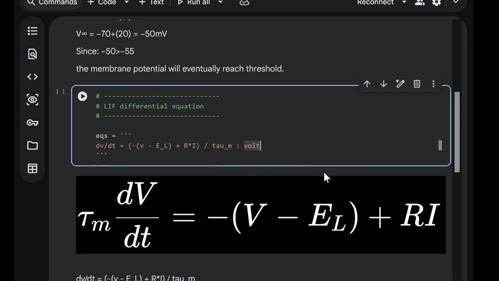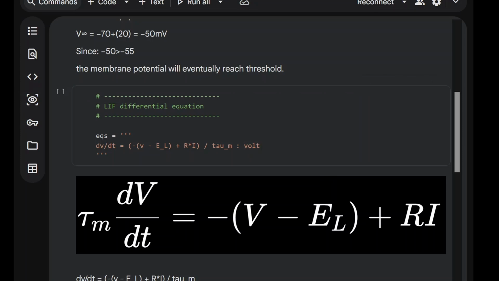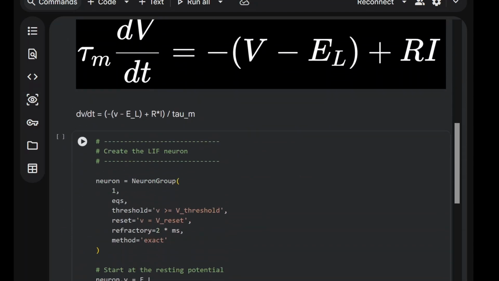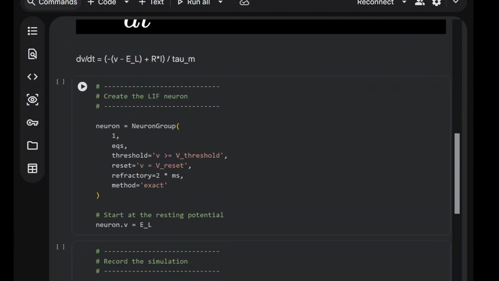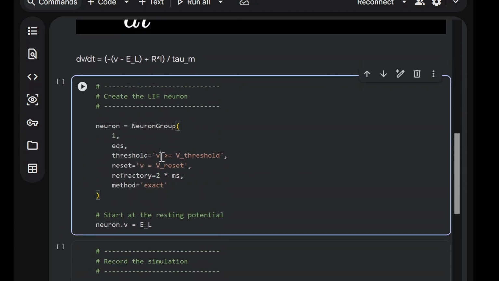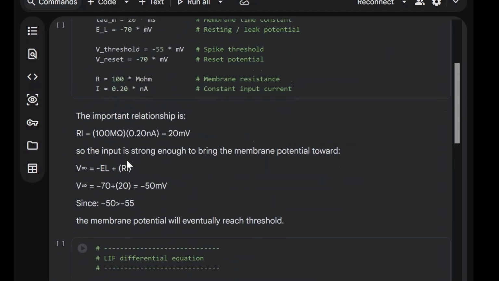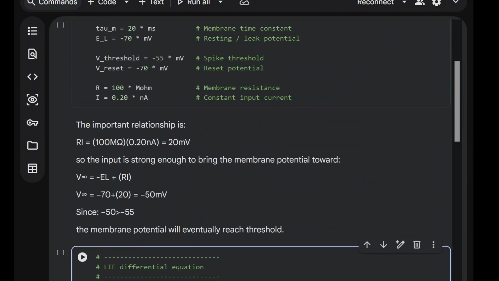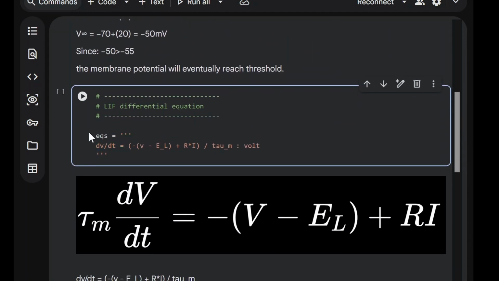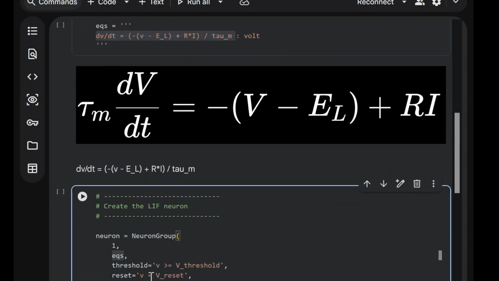So now that we have defined our model, we can start creating neurons. We have a function called NeuronGroup from Brian2. We have to set some parameters for this. For example, the number of neurons we want to create, the equation of the model. In this case, this is our Leaky Integrate-and-Fire equation. We set that here.